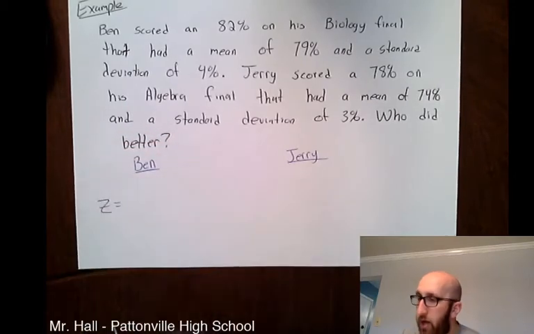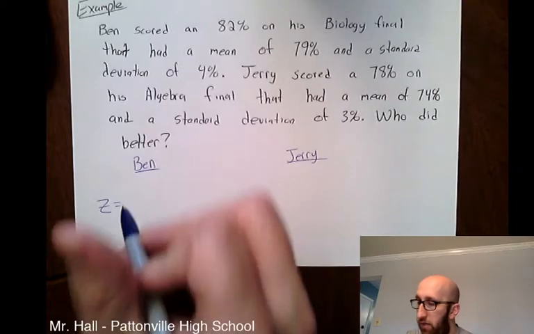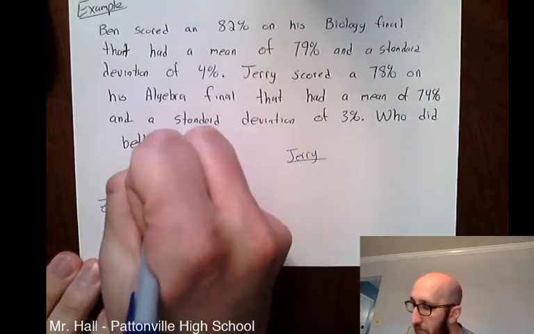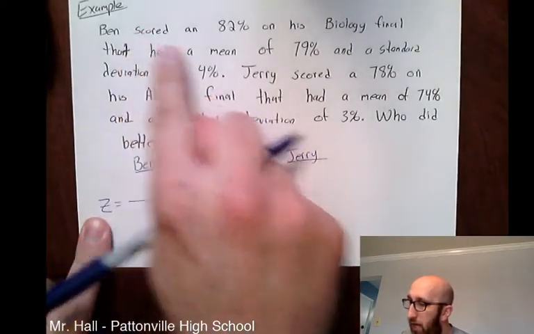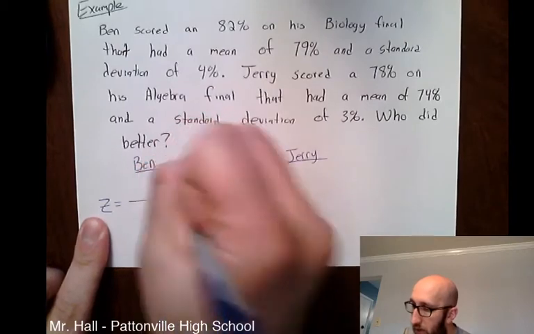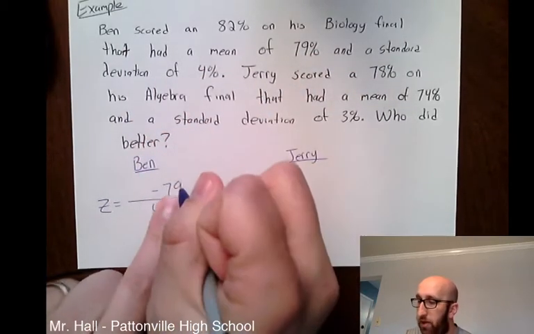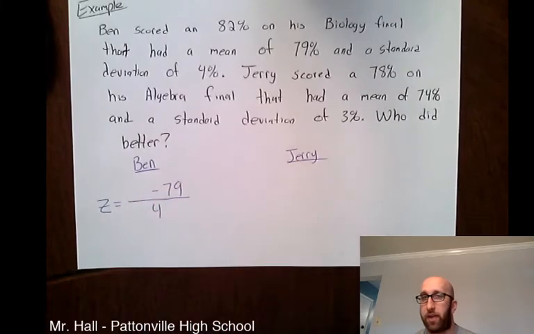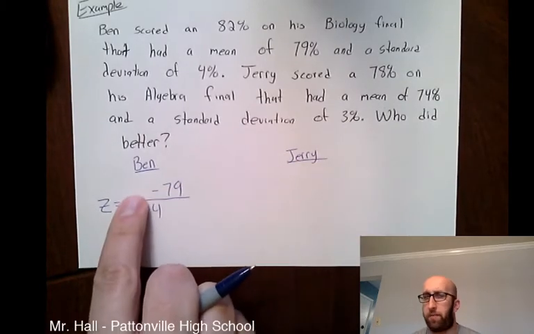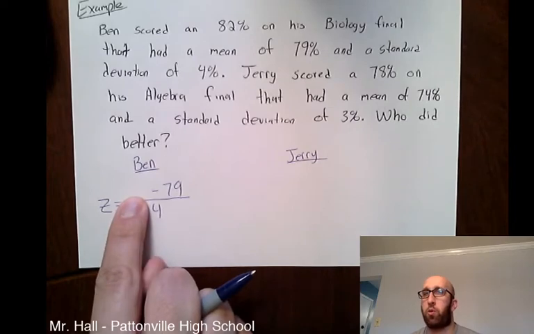Again, for the z-score we take our observed minus our expected divided by the standard deviation. We know the mean for Ben's test was a 79, so we're going to subtract off 79, and his standard deviation was 4%. So I can fill in the mean and the standard deviation. All we need to fill in is what was the score that Ben got?